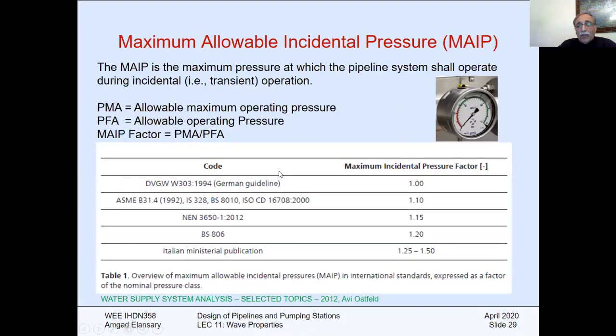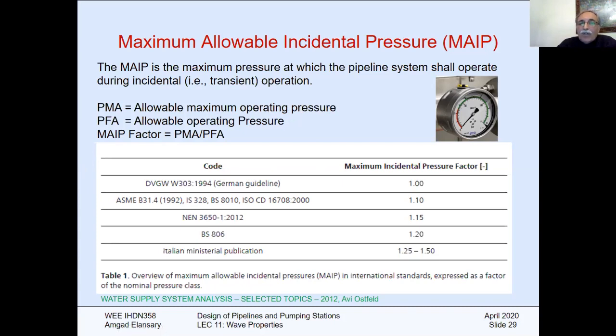Maximum allowable pressure: again, we have this page, which is by Carney, in the book Water Supply System Analysis, Selected Topics. It will give you an indication of what maximum incidental pressure you're going to allow for your pipe. Compare this with the allowable operating pressure, which is the operating pressure you're going to use, for example, 8 bar.